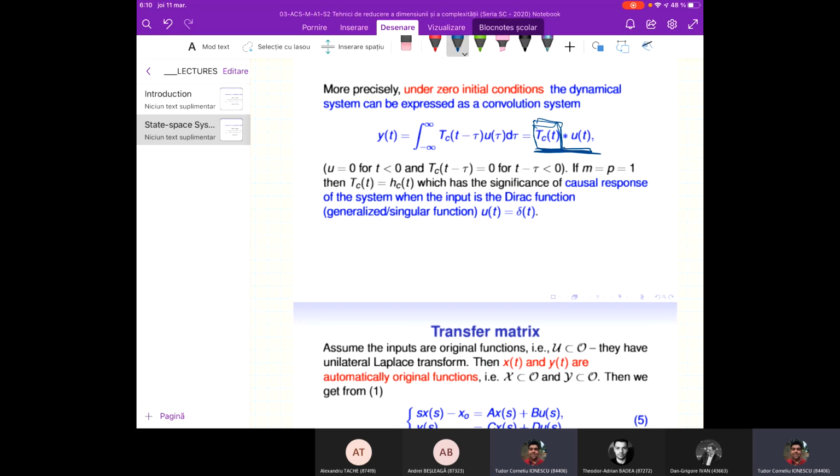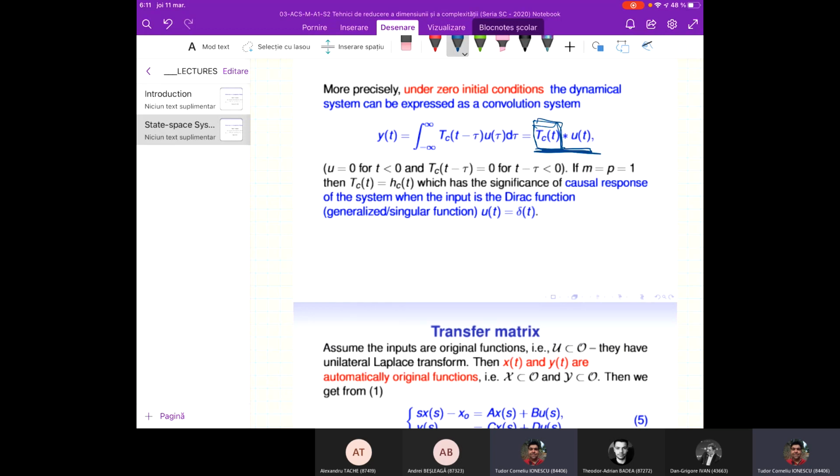How can I express this? If you push a ball on a table, you have a ball resting on a table. If you give it an impulse, the ball is going to move. So the movement of the ball is the echo of your pushing of the ball on the table.